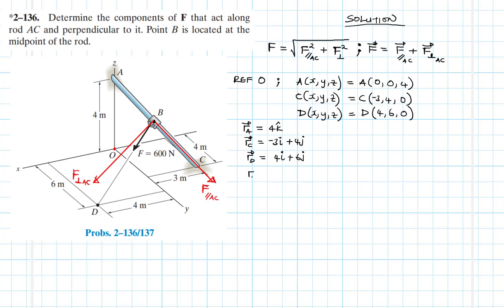The position vector RAC is going to be equal to RC minus RA, right? Is that fine?